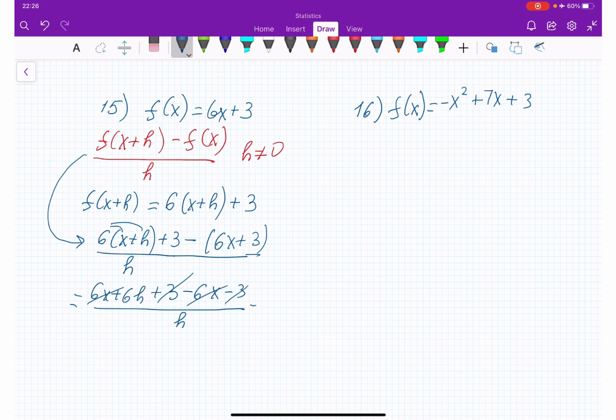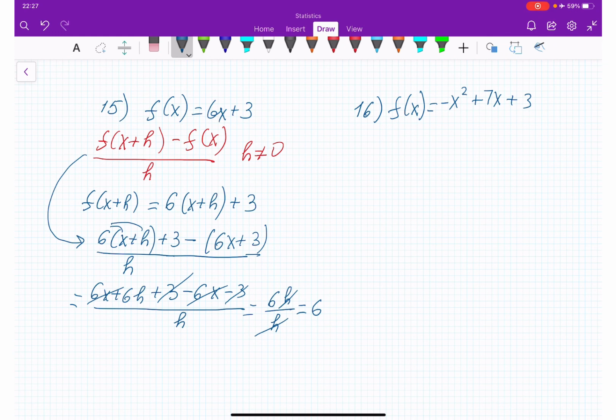And we have left 6h over h, where h is also canceling, and the result is 6. So that is the answer. So this is the difference quotient of f.